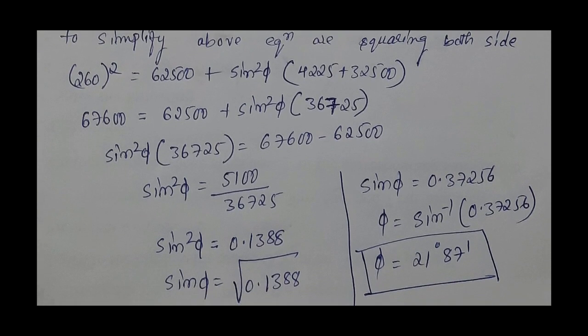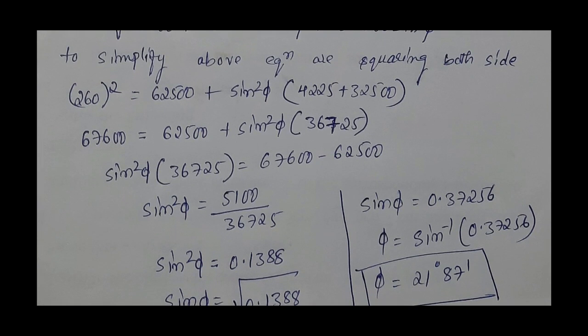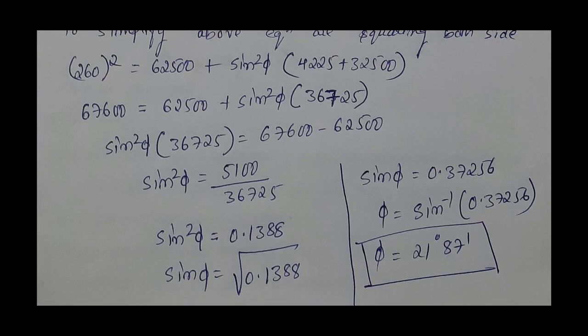So sine square phi is equal to 0.1388. Taking the root, sine phi is equal to 0.37256, or phi is equal to sine inverse of 0.37256, which is 21 degree 87 minute.